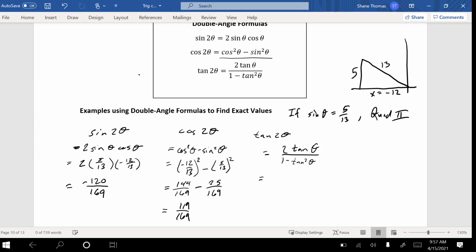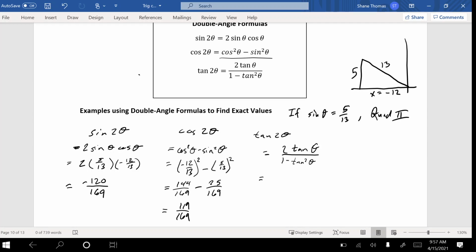Okay? So, what is tangent in this triangle? Negative 5 over 12. Well, 5 over negative 12, same thing.